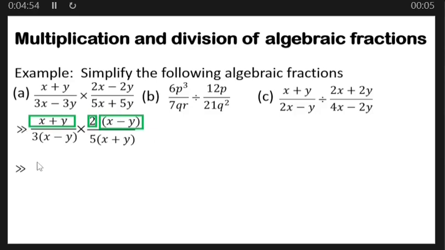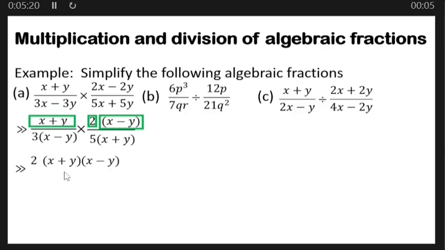So we'll send 2 times this expression here. Now it will have brackets, because this is an entire expression on its own, so it will be in brackets. Then this times, instead of writing it now, we are not going to indicate it, because by saying times now we are already eliminating this sign here. So we'll write this one in brackets, which will be x minus y close brackets.